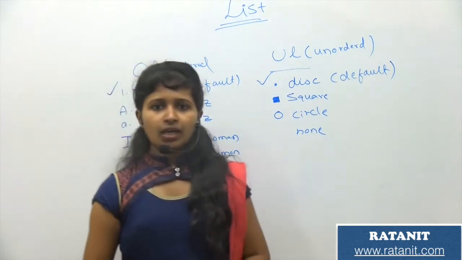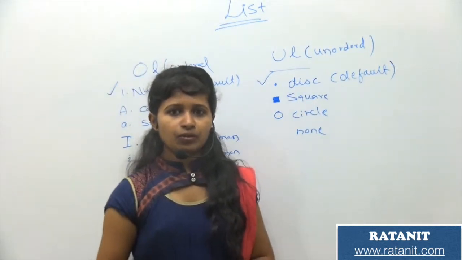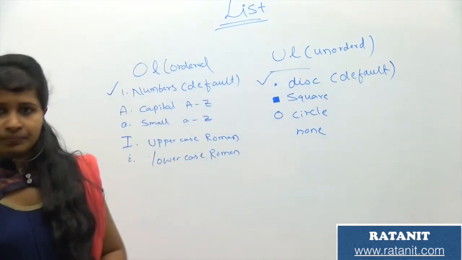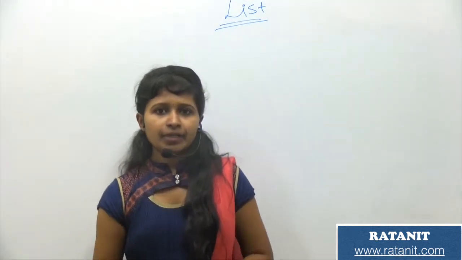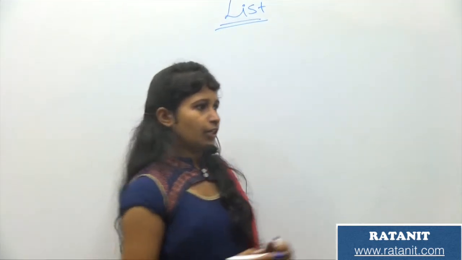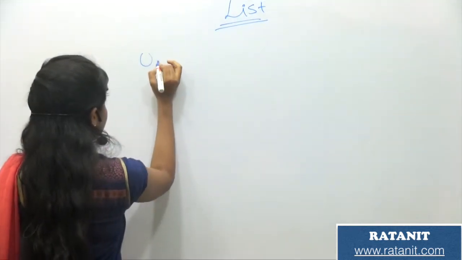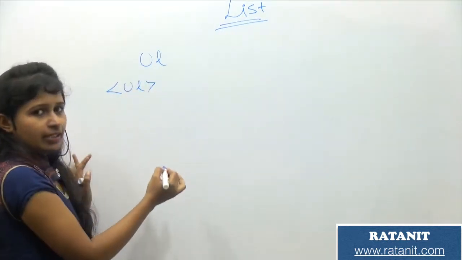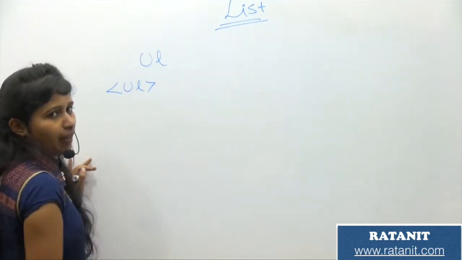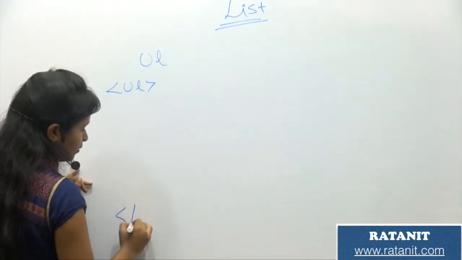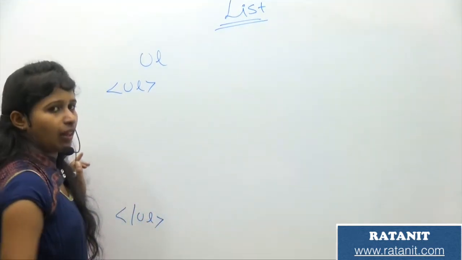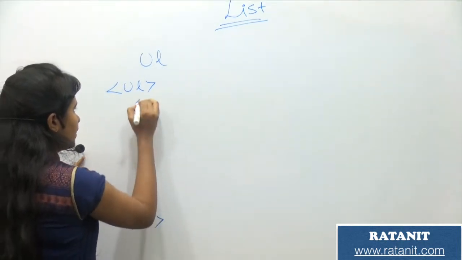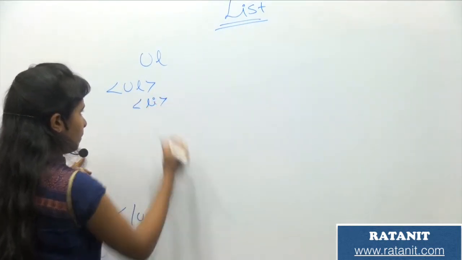Now let's see how I am writing HTML code for ordered list and unordered list. First I am writing my HTML code for unordered list. Unordered list has the tag UL, and it needs to end with /UL, with a forward slash. Inside I am having list items.